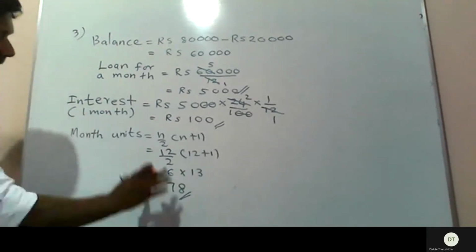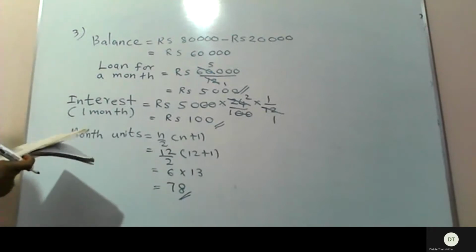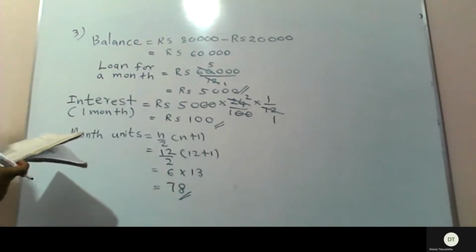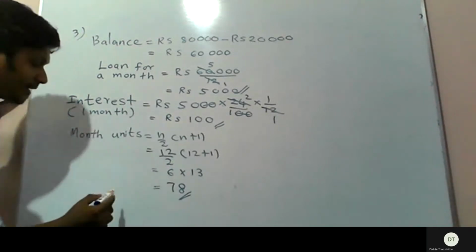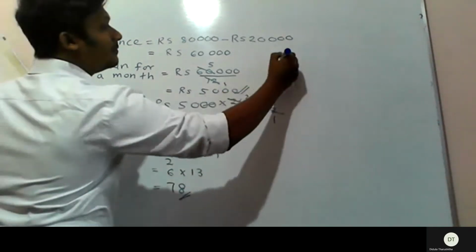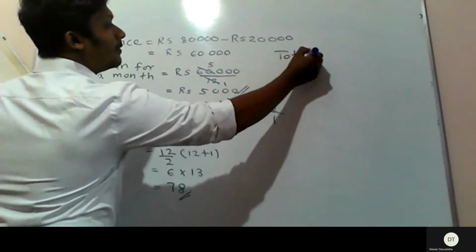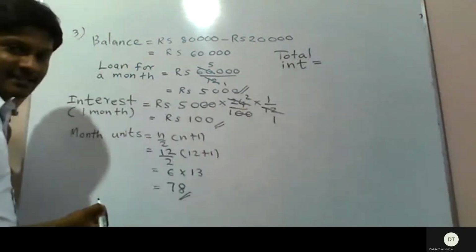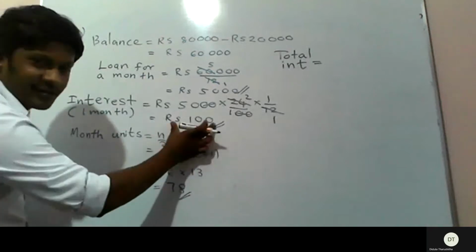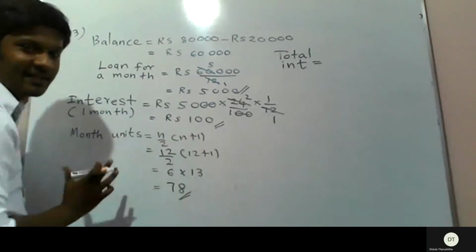78 month units, right? Next, the total interest. Total interest equals 100 interest multiplied by 78.